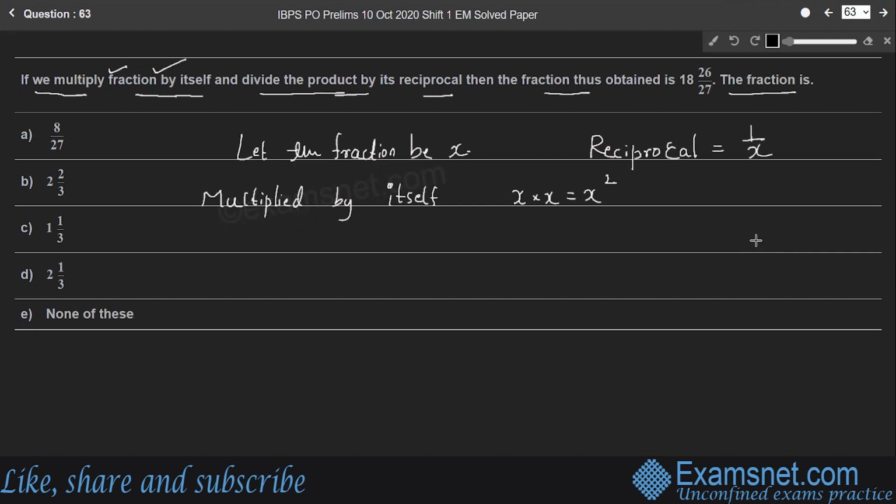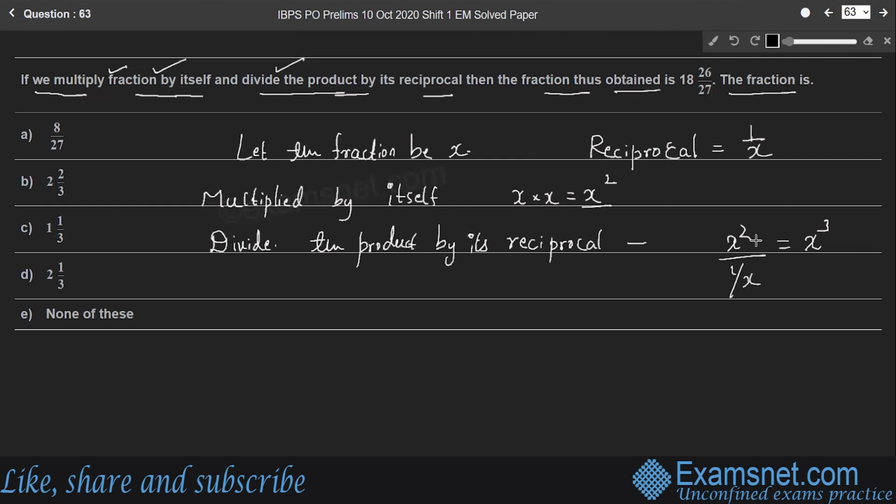When it is multiplied by itself, the fraction becomes x square. When you divide the product, this x square, by its reciprocal, it becomes x square divided by 1 by x, which is equal to x cube.